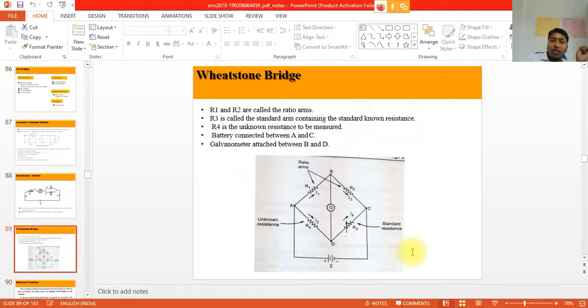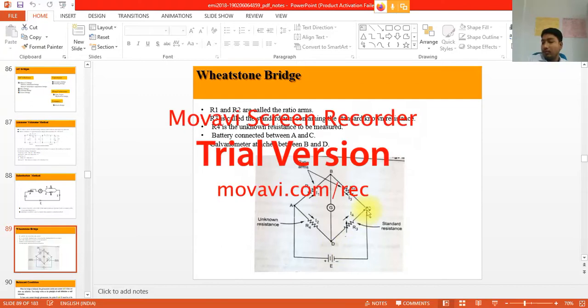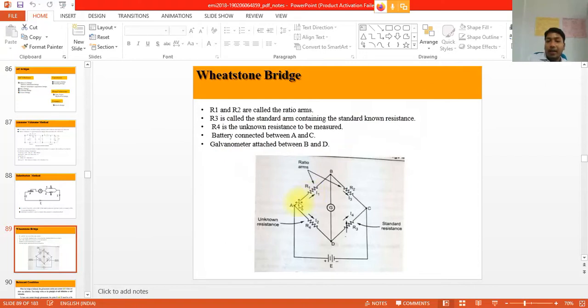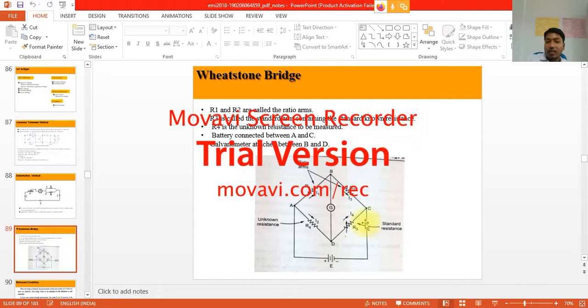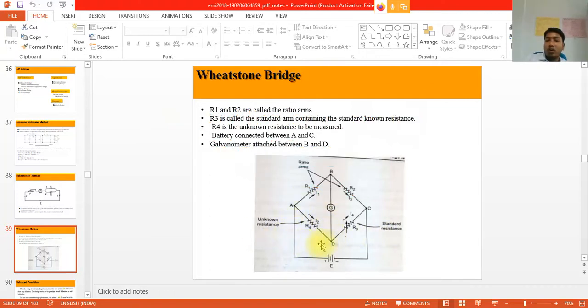Now this is the Wheatstone bridge, with points A, B, C, D. There are 4 arms of this bridge: the AB arm has resistance R1, the BC arm has resistance R2, the CD arm has resistance R3, which is a standard resistance, and the AD arm has resistance R4, the unknown resistance that we are going to measure.